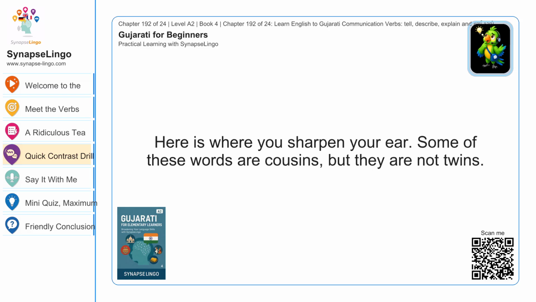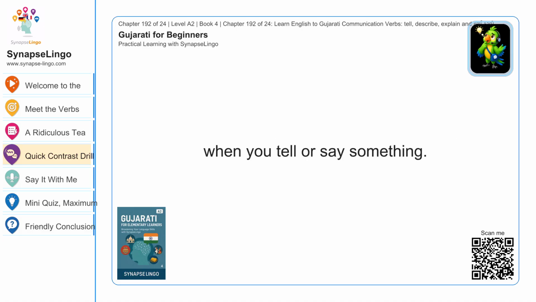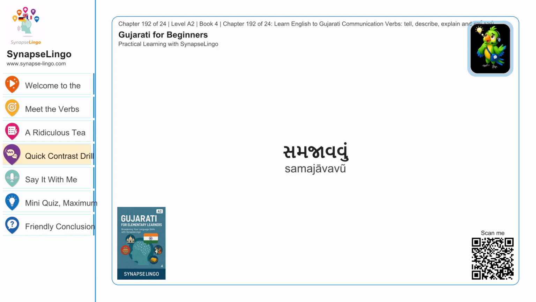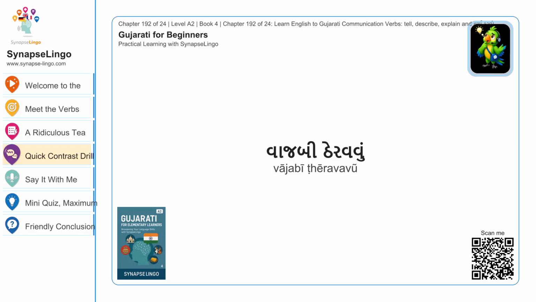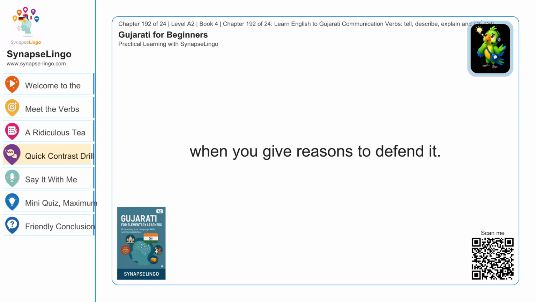Quick contrast drill. Here is where you sharpen your ear. Some of these words are cousins, but they are not twins. Use કહેવું when you tell or say something. Use વર્ણવવું when you give details. Use સમજાવવું when you make something clear. Use વાજબી ઠેરવવું when you give reasons to defend it.